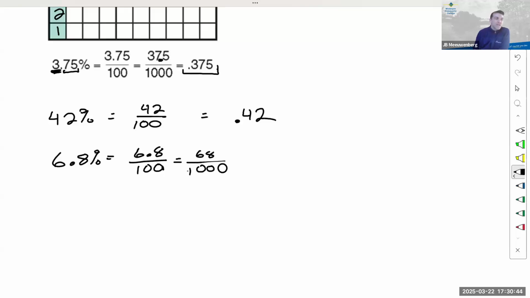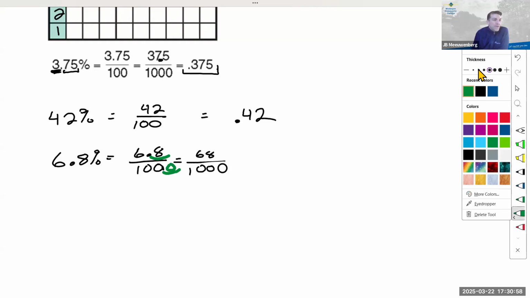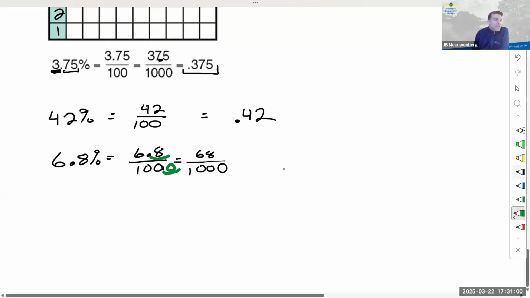How do we do that? By manipulating the fractions using the tools we already know how to do. Moving those decimals over one spot. It essentially is like multiplying your numerator and denominator by 10. And so we can write it as 68 thousandths.